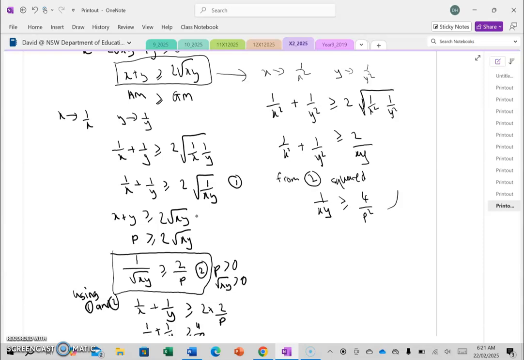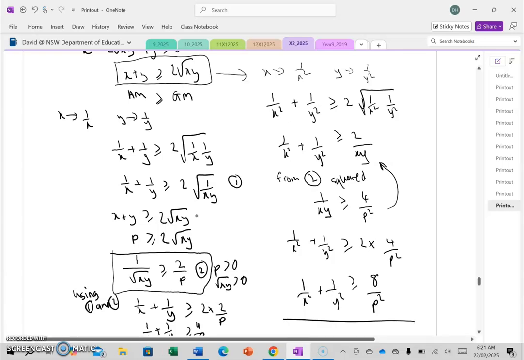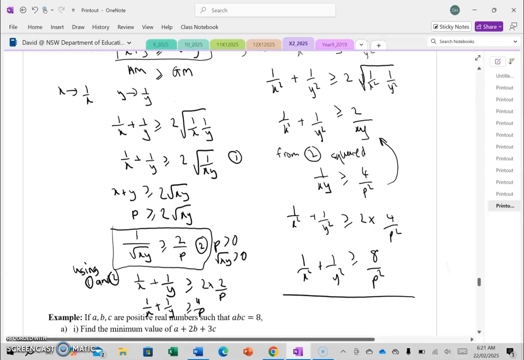So applying that there, we'll get 1 on x squared plus 1 on y squared greater than or equal to 2 times 4 on p squared, which is your 8 on p squared, as required.